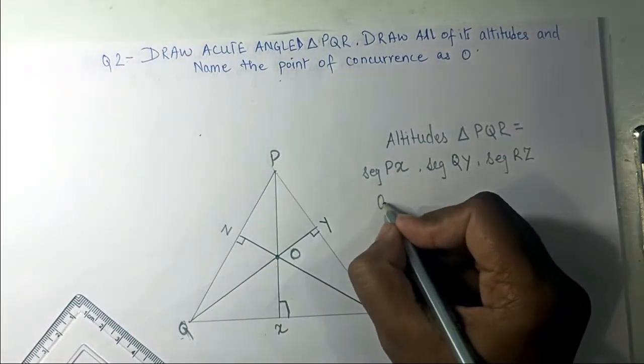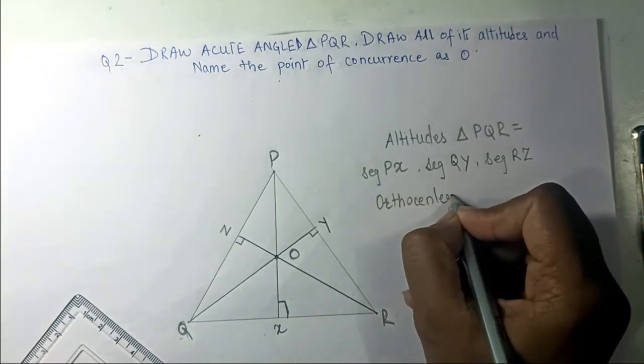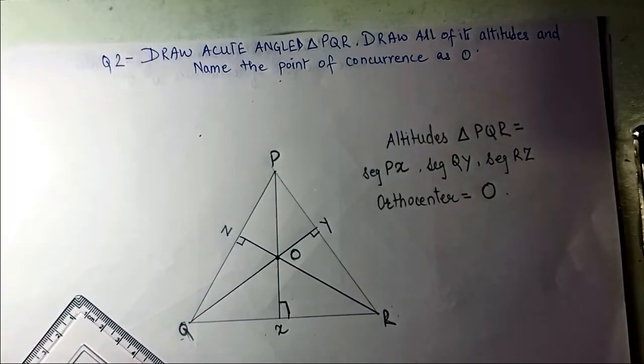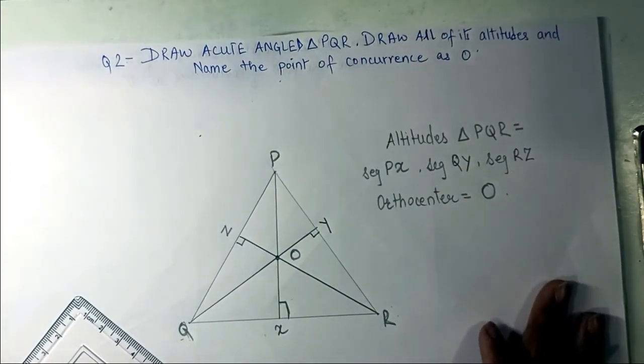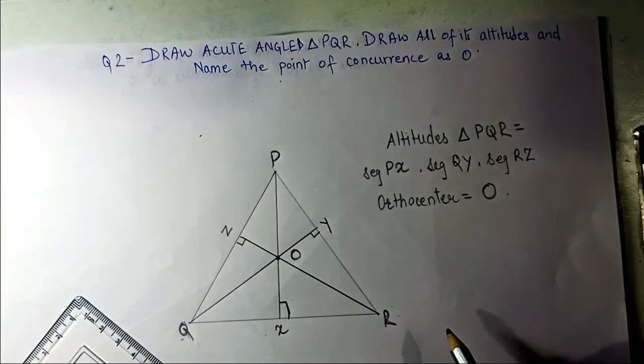And the orthocenter is O. So this is how you draw an acute angle triangle PQR. Okay, children?